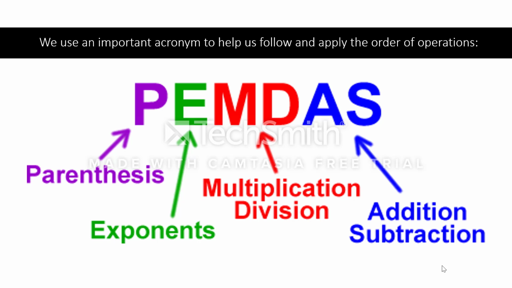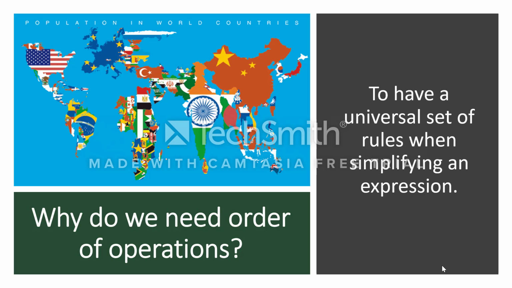The P stands for parentheses, the E stands for exponents, the M and D stand for multiplication and division, and those must be worked together from left to right, and the A and S stand for addition and subtraction, and those must be worked together as well from left to right. These rules must be followed in order to successfully simplify a mathematical expression. Why do we need to use order of operations again? Well, to have a universal set of rules when simplifying an expression.